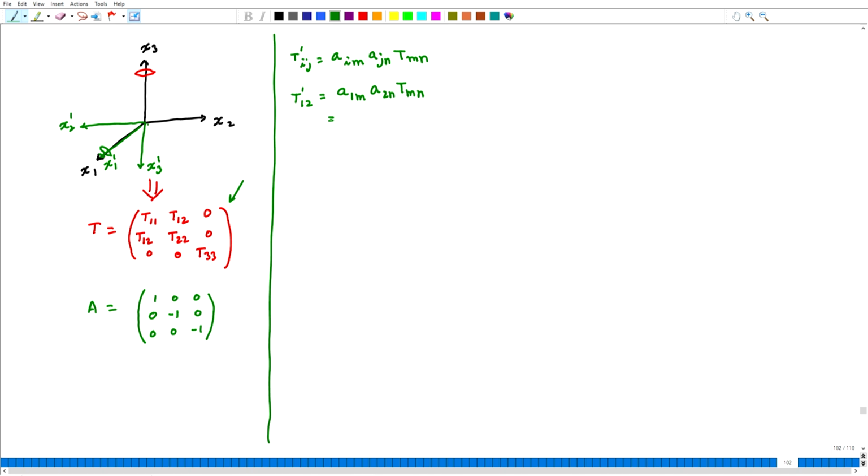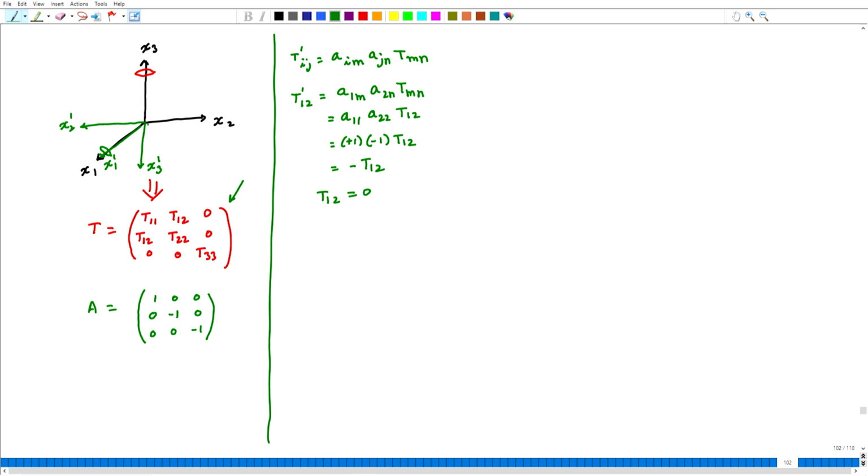Looking only for the non-zero terms, for A1m the only non-zero term can be A11, so m is equal to 1, and the only non-zero term for A2n would be when n is equal to 2. So, A11 A22 T12. A11 is plus 1, A22 is minus 1, times T12, hence this is simply minus T12. And we have already seen that for the tensor to remain unchanged under the symmetry operation, the only possible value for T12 then is 0.